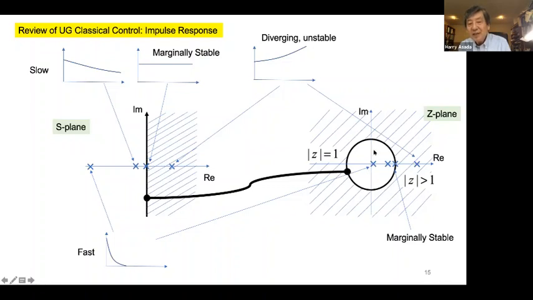Inside of this it's stable, but close to the unit circle it's very slow; it is close to the neutral, marginally stable zone. As you get away from the unit circle, it gets faster. This one is very close to the origin, so it's very, very fast. So now, do you feel comfortable with it?